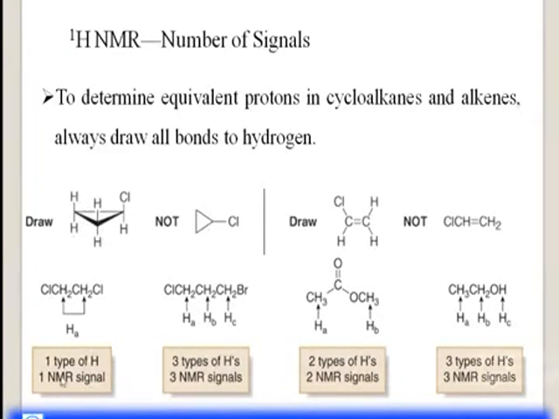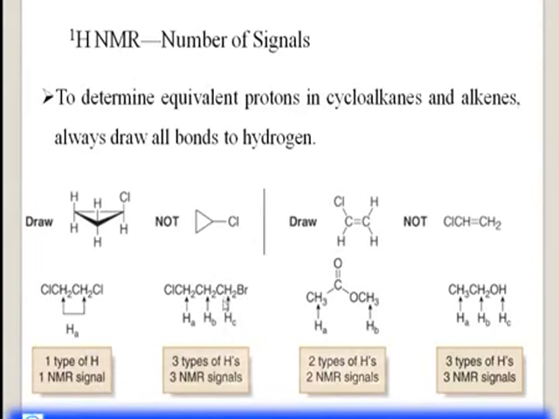You can draw this molecule showing all the sigma bonds present, to hydrogen or chlorine. For this molecule you can see one type of proton; these protons are in a similar environment, so only one NMR signal is obtained.